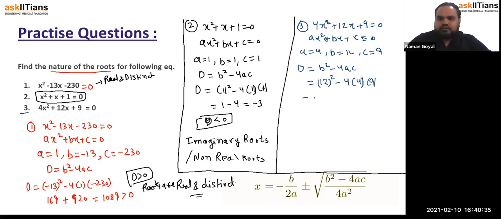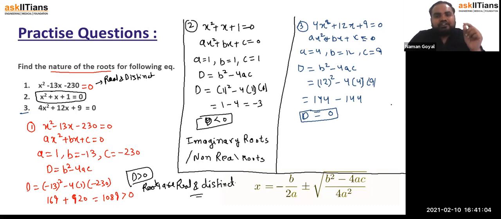So 12 square is what, 144, minus this is 16 into 9. You know that 16 into 9 is what, again 144. So it is 0. So the value of D is what, 0. If the value of D is 0, then we know that the roots are what, real and equal roots.